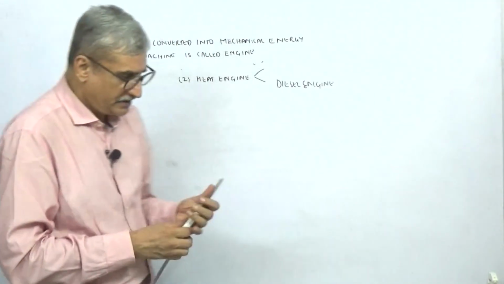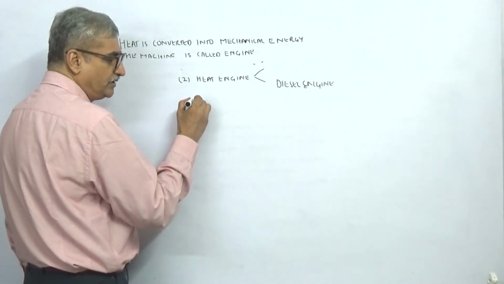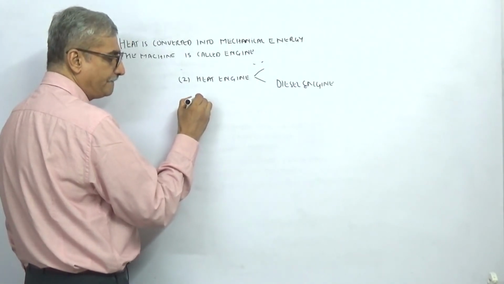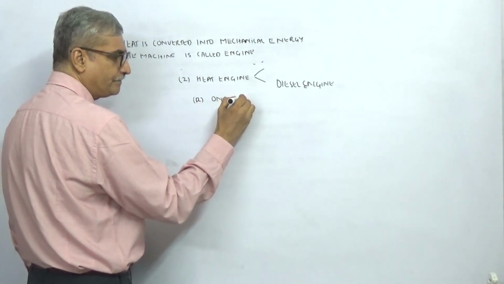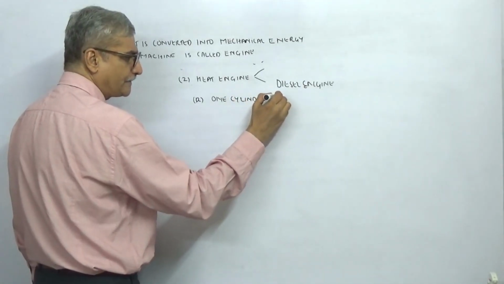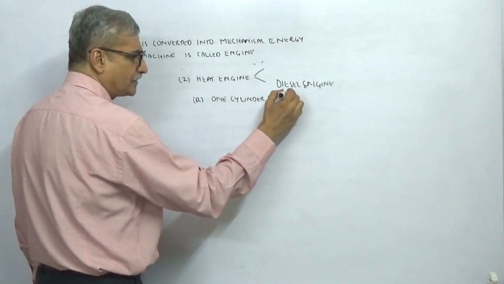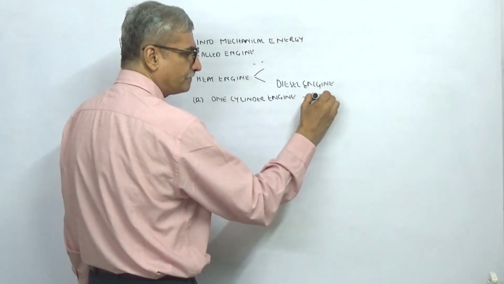What are the words you are going to hear in your day-to-day life? So heat engine, you say A, you have a one cylinder engine. Your motorbikes have a one cylinder engine.